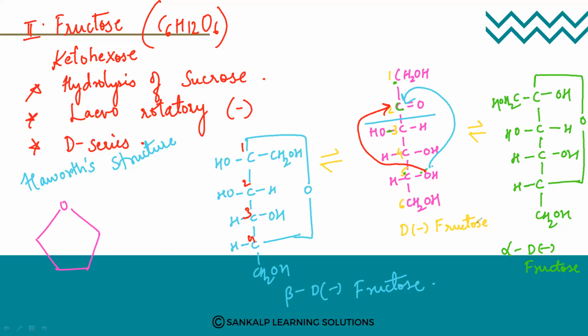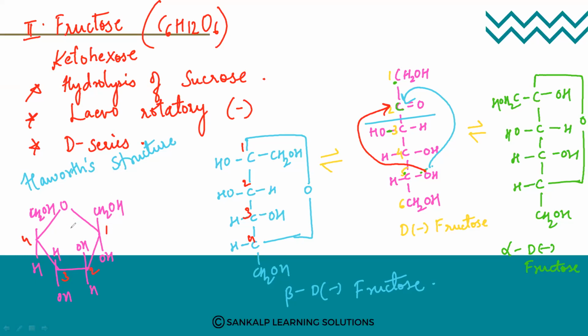First I'll represent alpha D-fructofuranose. So this is on the left hand side, so it will be CH2OH. Then your OH will come on the right hand side. Here it will be OH and H. This will be HOH. This will be CH2OH and H. Okay, so this is the structure of our furanose.